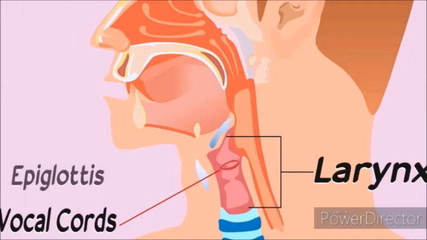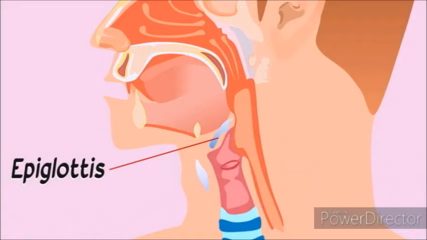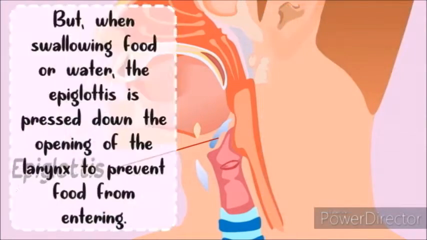This structure is called the epiglottis. Epiglottis is the covering of the larynx. This small organ is important because when we breathe, the epiglottis is raised and lets the air flow into the larynx and the lungs.